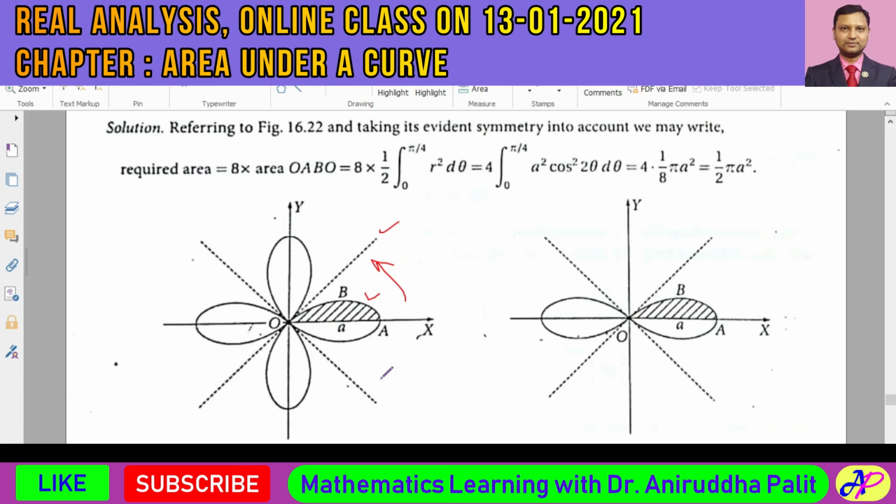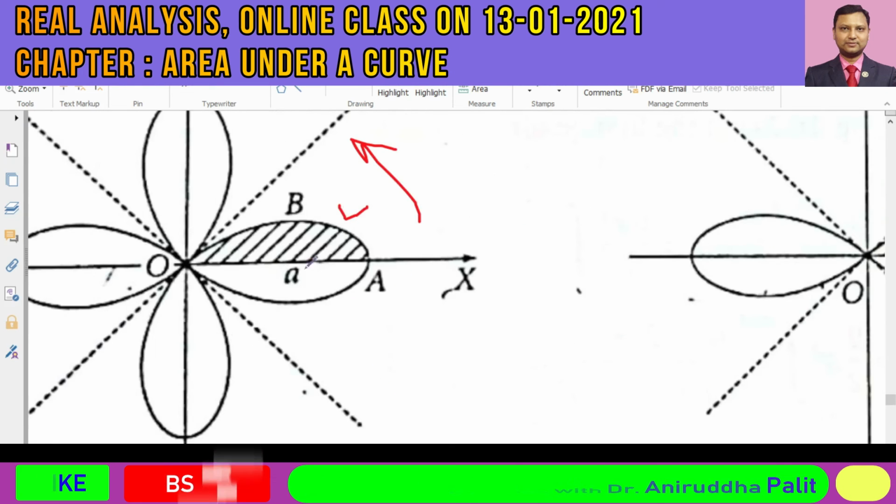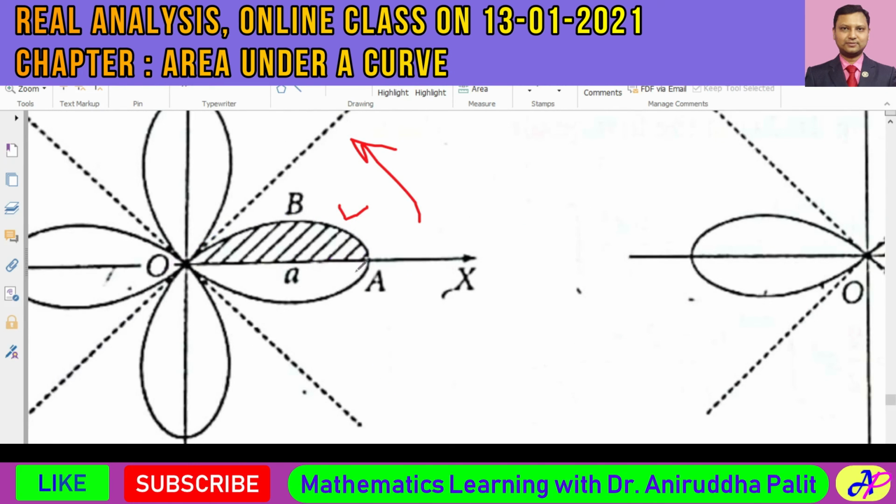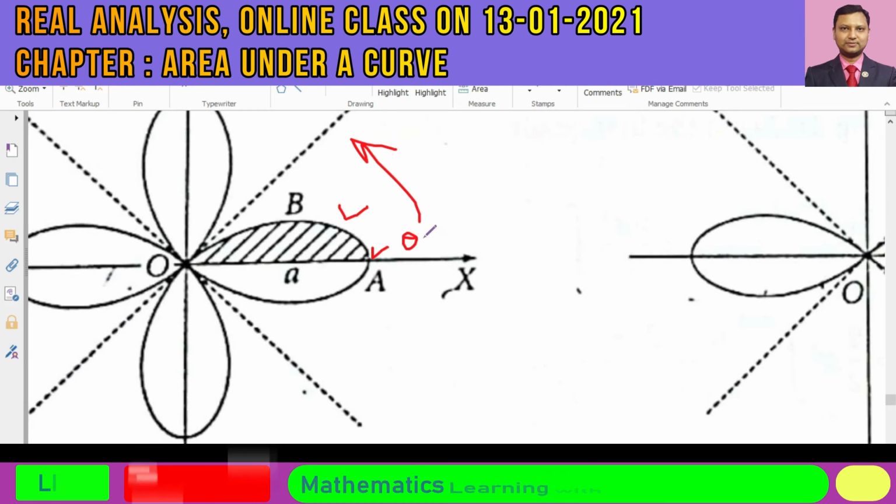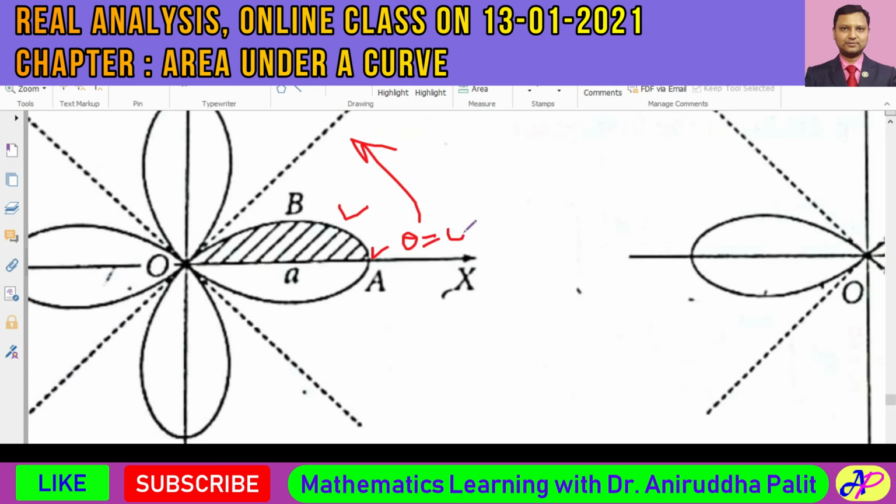In this first petal, let me magnify this one. At the point capital A, theta is equal to 0.